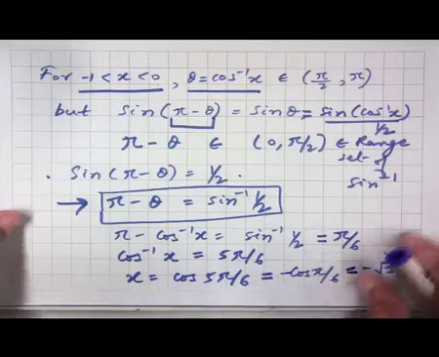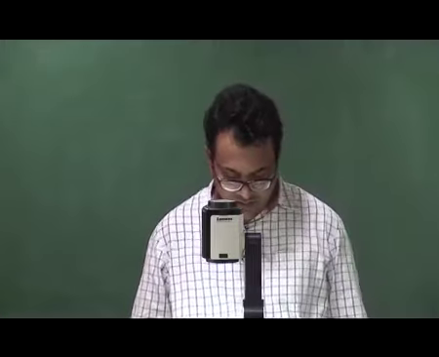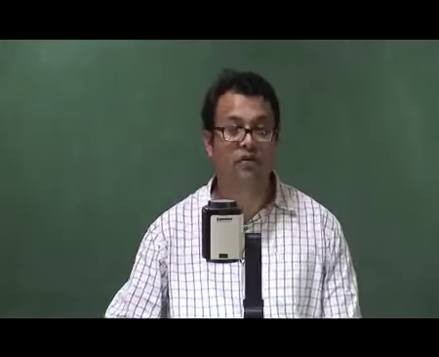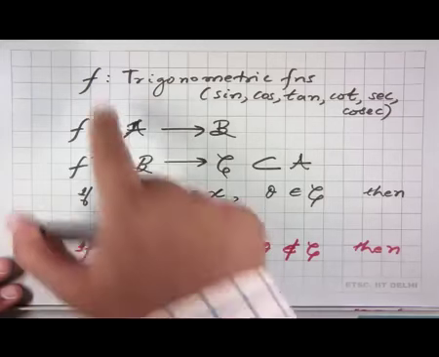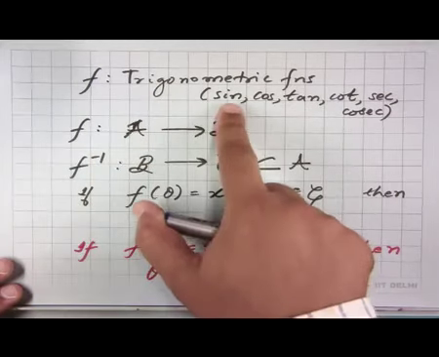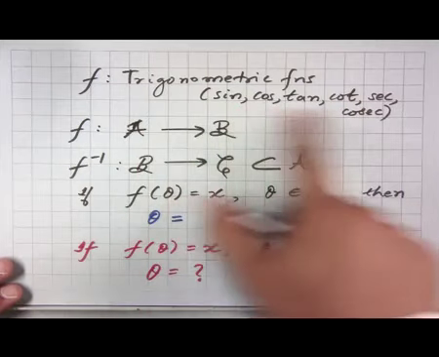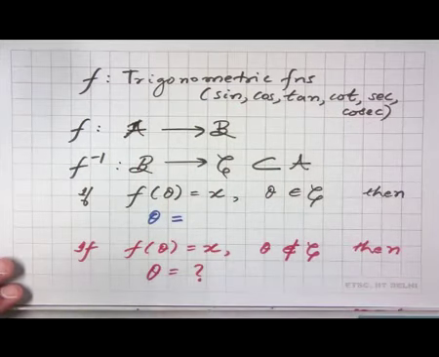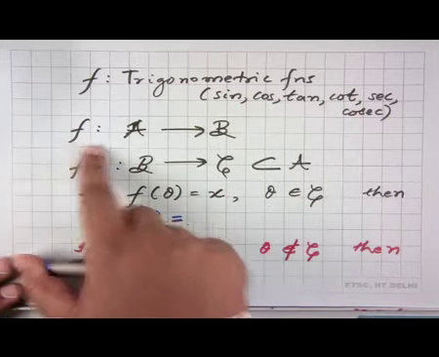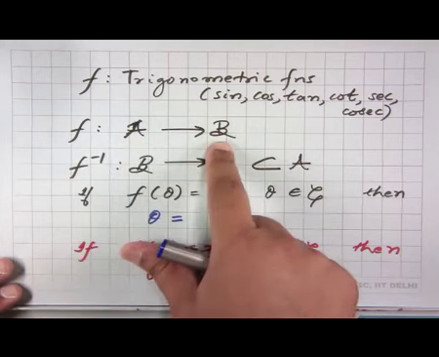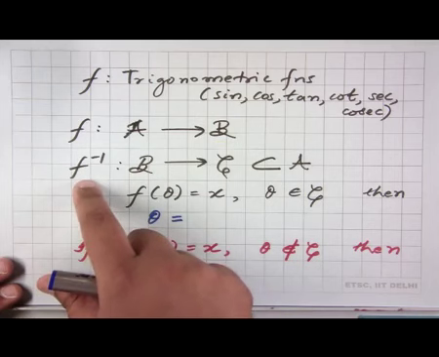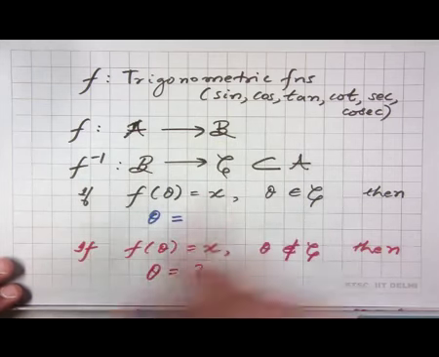So, we can formalize this in the next slide. I have tried to formalize this. The essential problem is that suppose f is a trigonometric function, it could be any of these 6 trigonometric functions that we have defined. In general, the trigonometric function has a domain A and a range B, and then we went on to define the inverse of each of these 6 trigonometric functions.